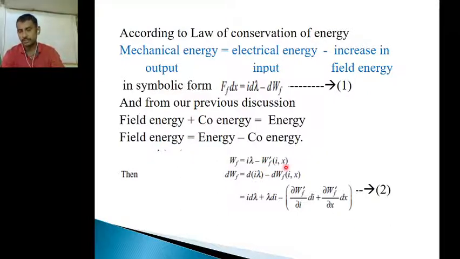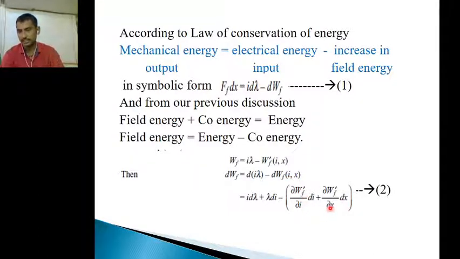The derivative of lambda I, here we go for partial derivation, is I into d lambda plus lambda into di, minus, again with partial derivation, the derivative of W dash f with respect to I and the derivative of W dash f with respect to x.